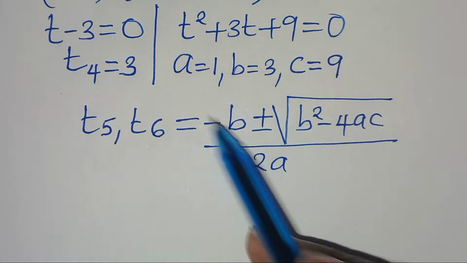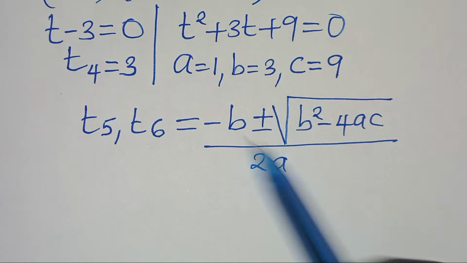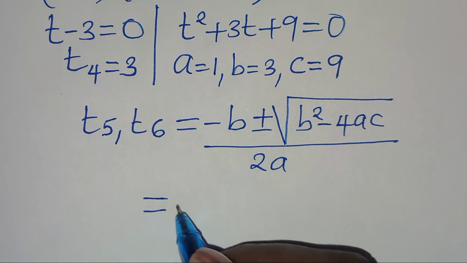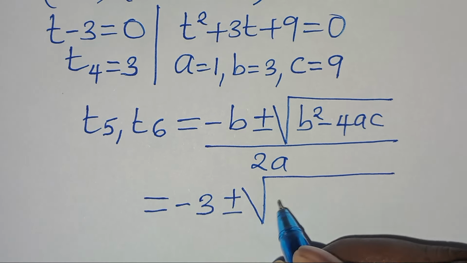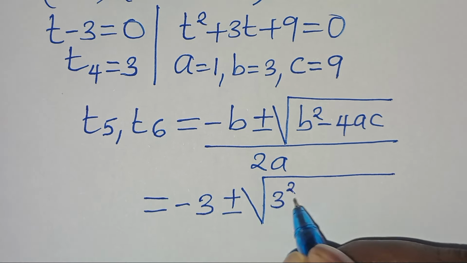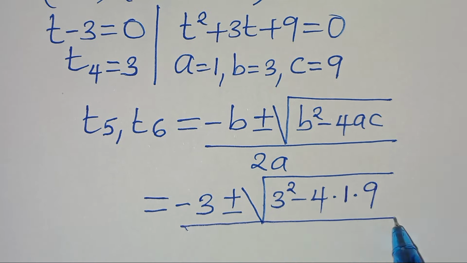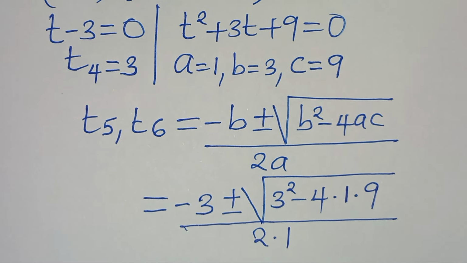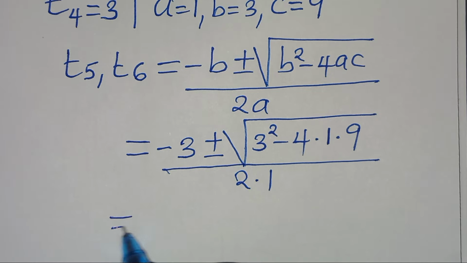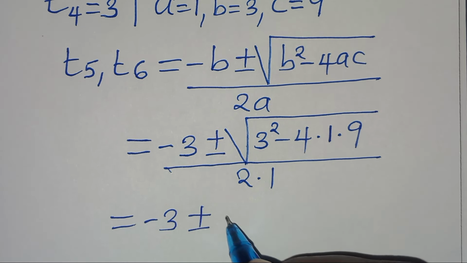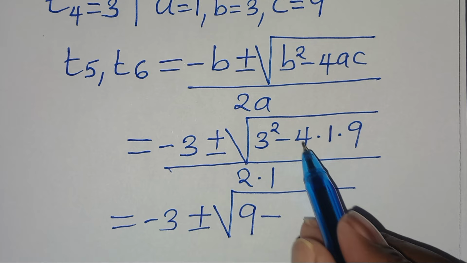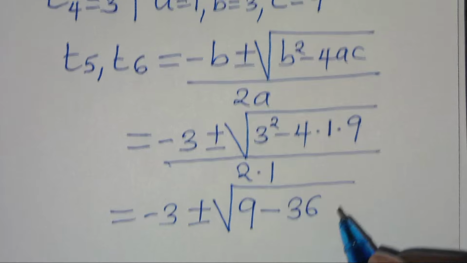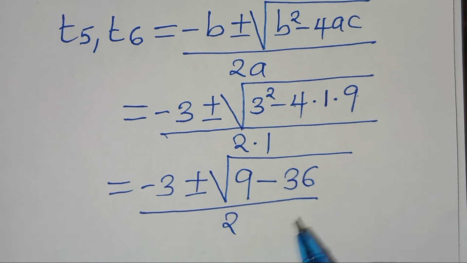So let's substitute the values of a, b, and c into this formula, so that now we have minus 3 plus or minus the square root of 3 squared subtract 4 times a, which is 1, then times c, which is 9, everything here divided by 2 multiplied by 1. And therefore we have minus 3 plus or minus the square root of 3 squared, which is 9, subtract 4 times 9, which is 36, everything here divided by 2.